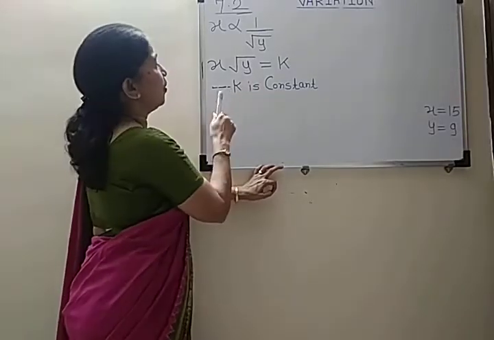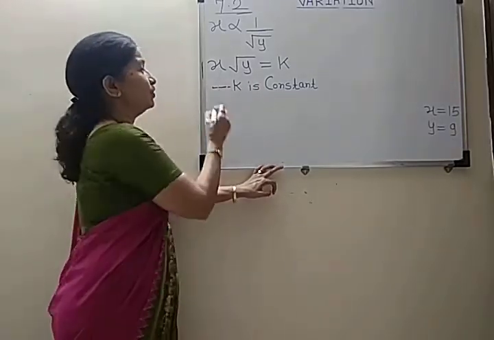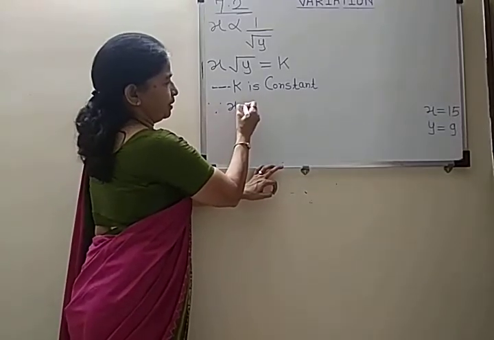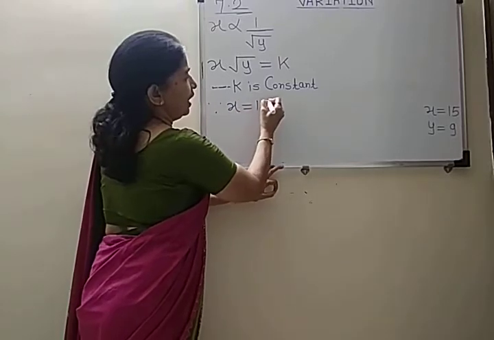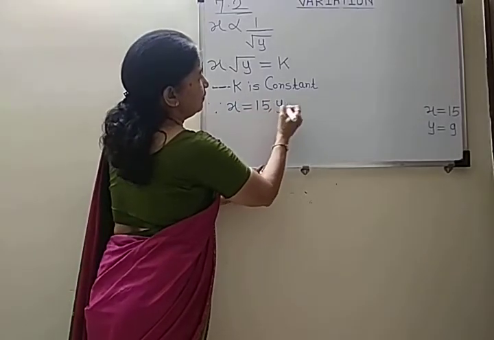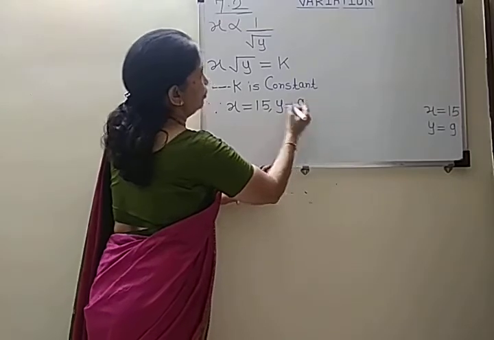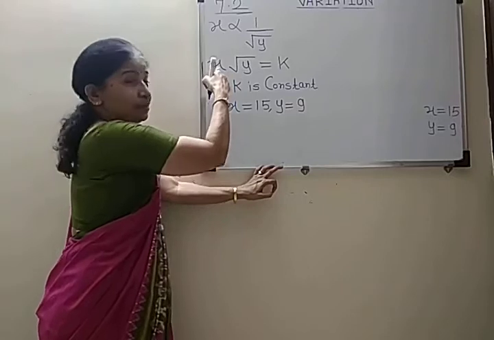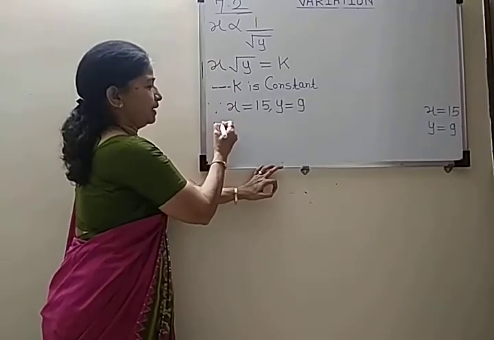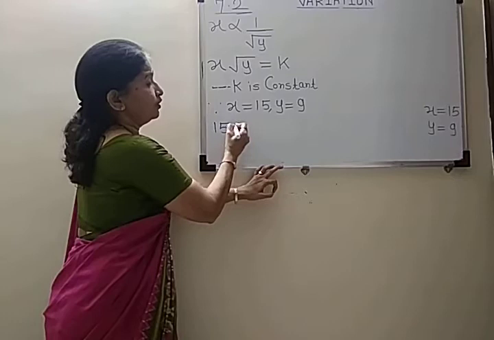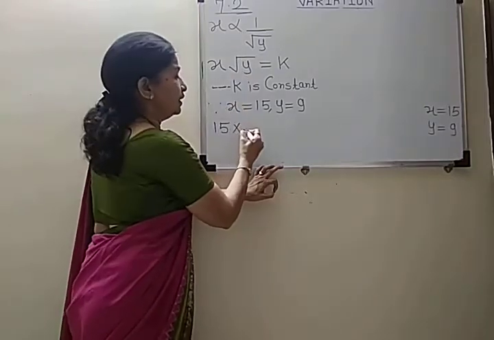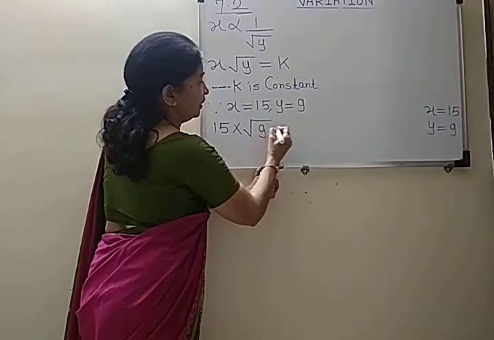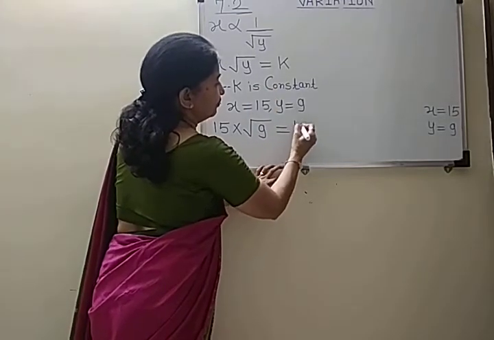If x is equal to 15 and y is equal to 9, let us substitute the value in the equation. So, in place of x, I will write 15 into square root 9 is equal to k.